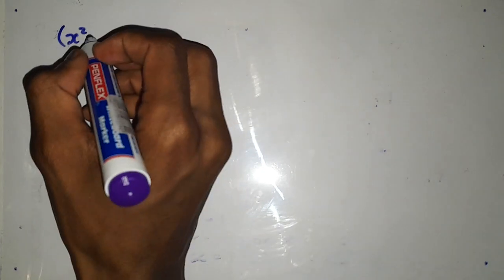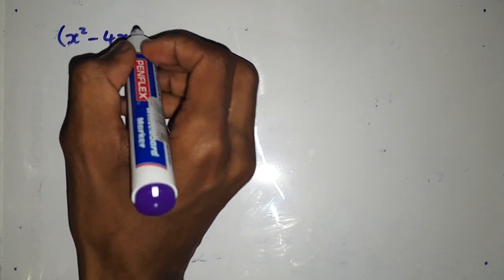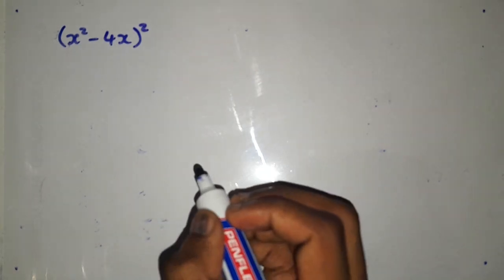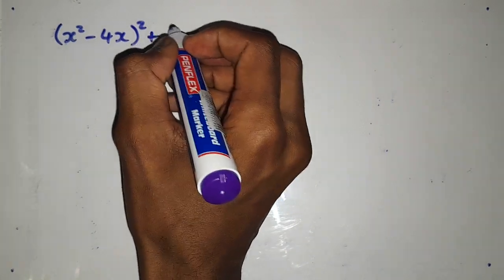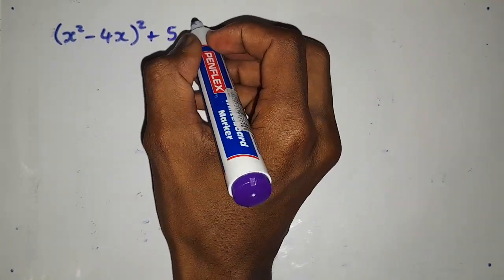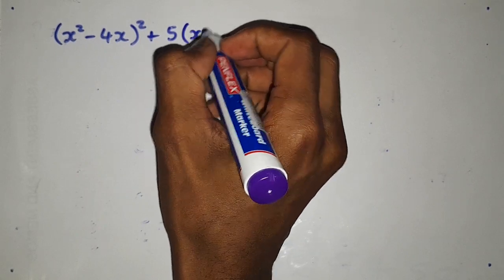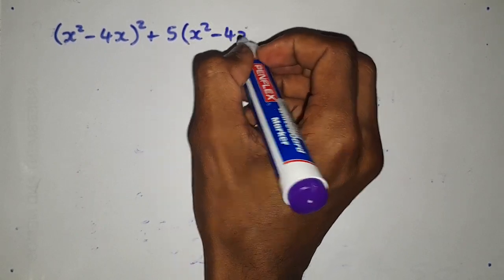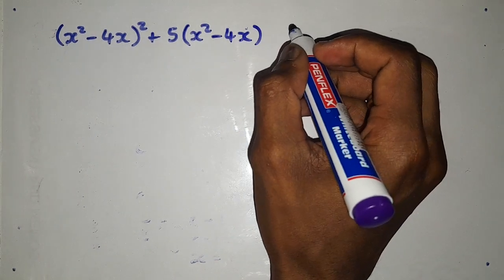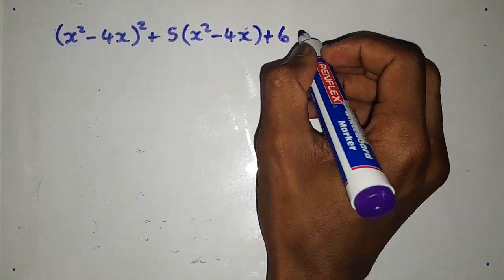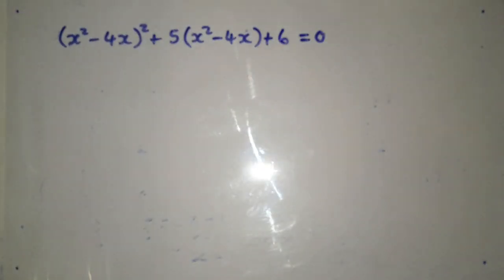Suppose we have this equation like this: x squared minus 4x, whole squared, plus 5, you open bracket, x squared minus 4x, you close bracket, plus 6 equals to 0.